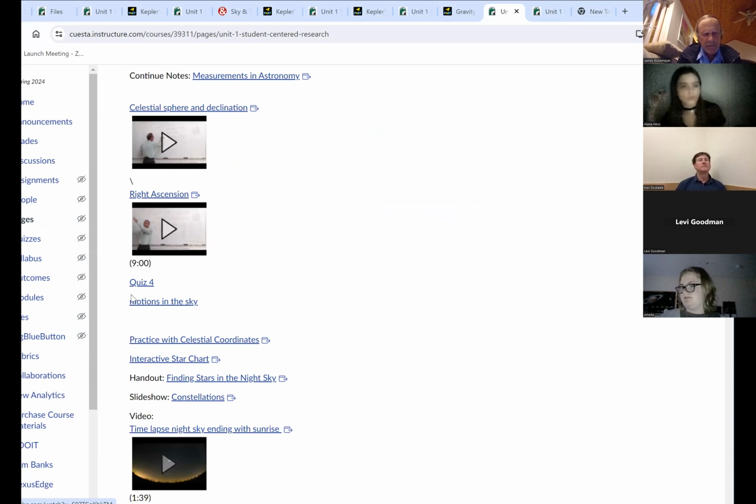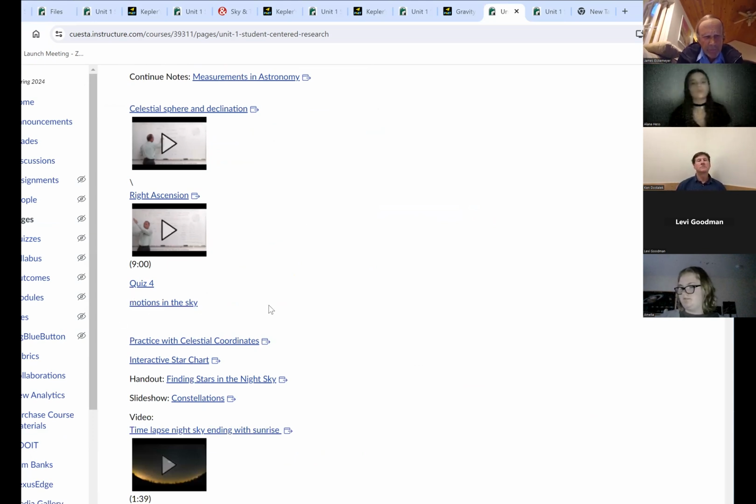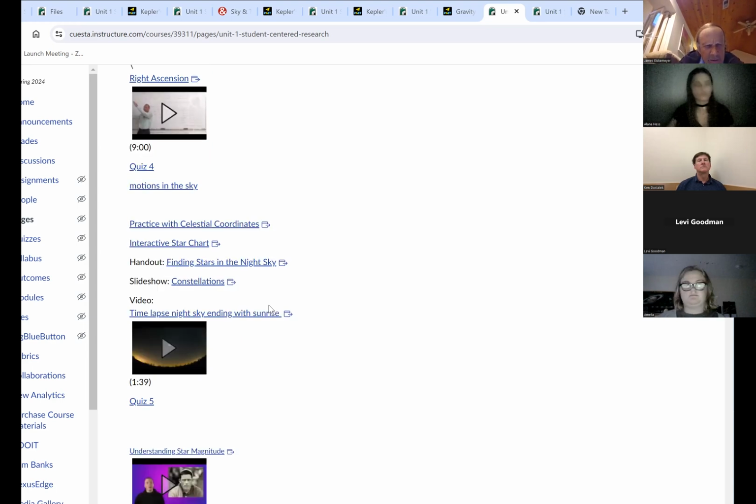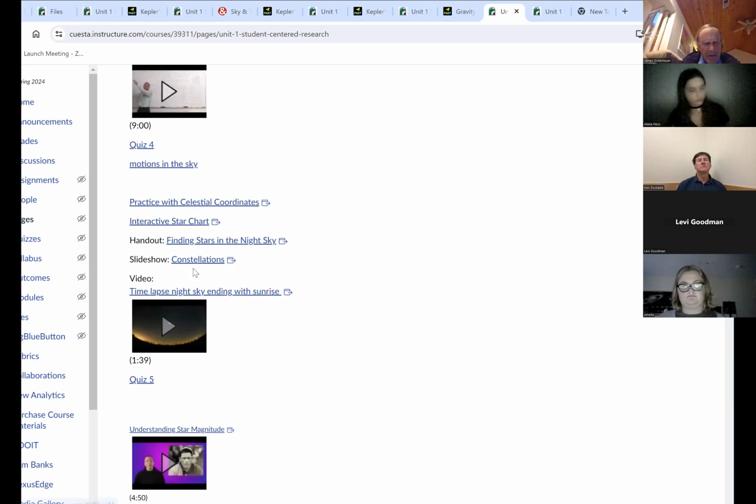Here's the motions in the sky. So those are all those PowerPoint videos that I was showing you. And oh, here we go. Okay, so here is a time-lapsed view of planets rising and setting.